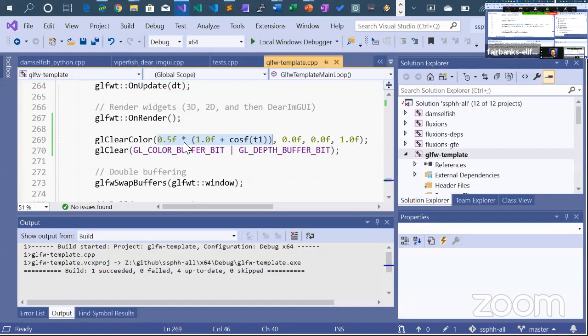Instead of a black screen, I decided to have something more so we know something is happening. So I do a cosine function on the time, so we can see the red cycling up and down in value. Otherwise, I set green to 0, blue to 0, and the alpha value to 1 so that we actually see what's being drawn. Then I clear the screen, and this will set the whole screen to that color.